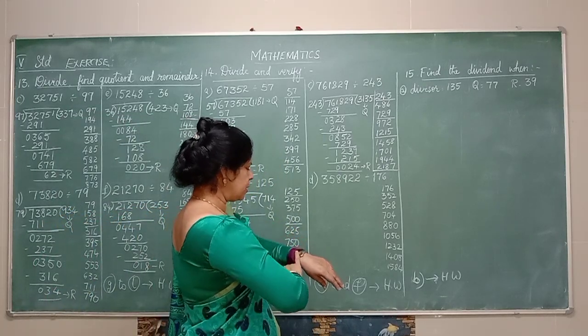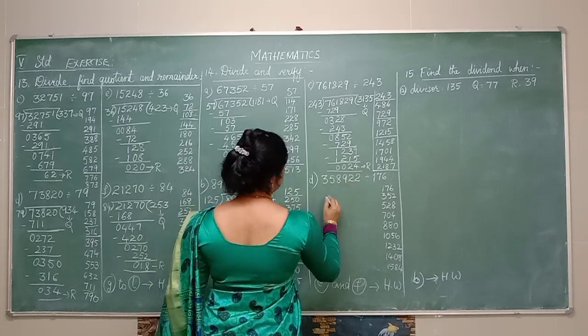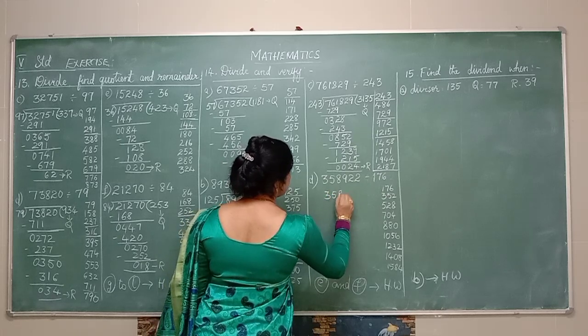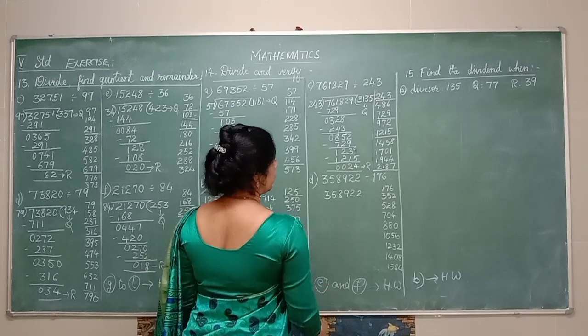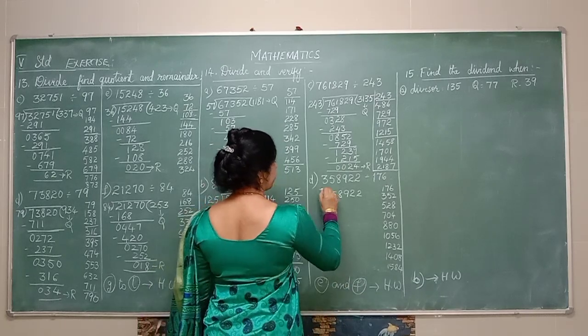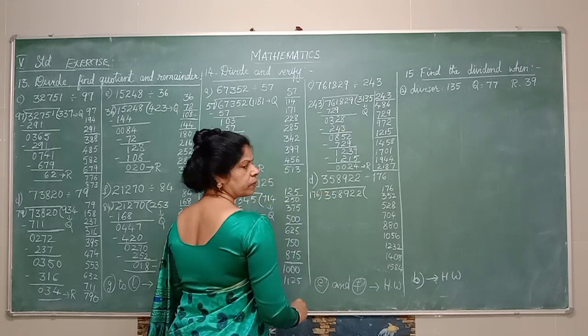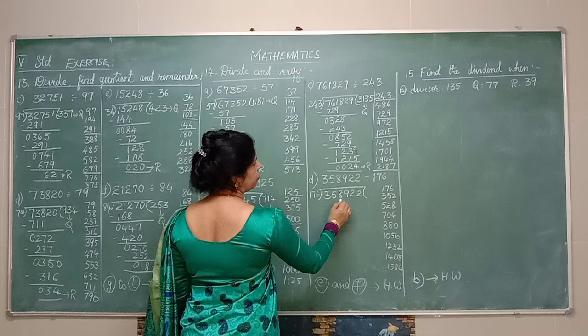The next sum is 3,58,922 divided by 176. So 3 digits, you have to take 3 digits. 358.